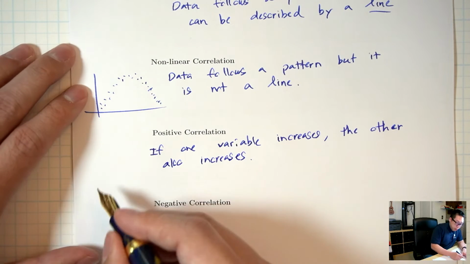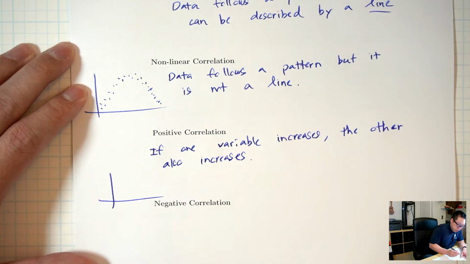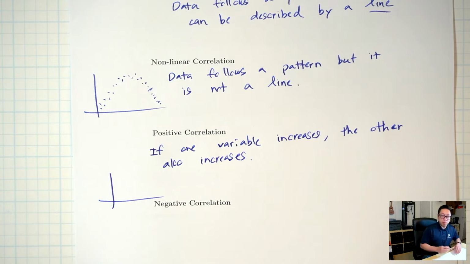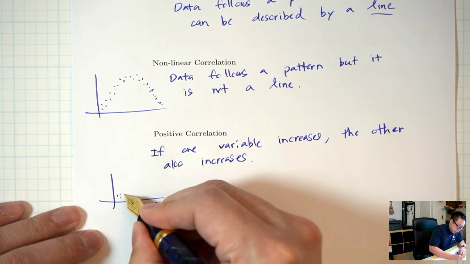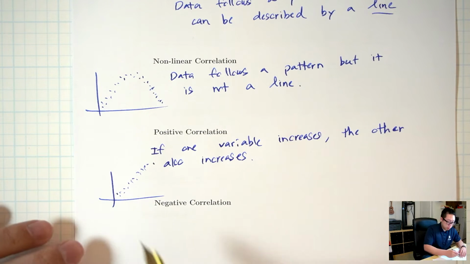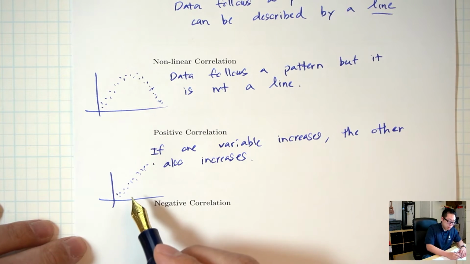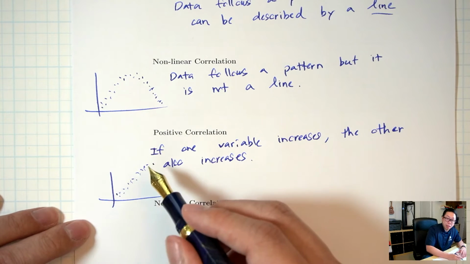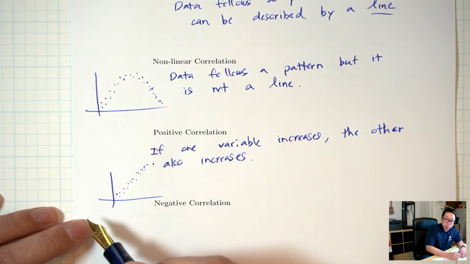Visually on the graph, this looks like the graph goes upward from left to right. For example, something like that, right? The graph is going upward. So this is an example of a linear correlation because it looks like a line, and it's positive because it's going upward.